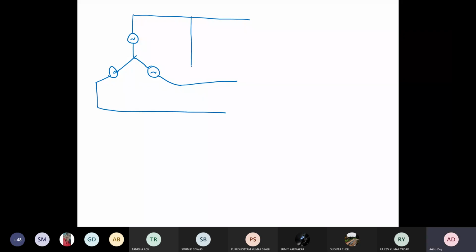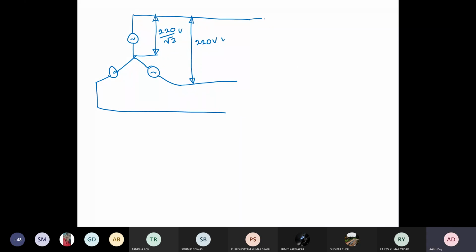So now you have a star connected source. This is 220, line to line is given, so line to phase, I mean line to neutral we should call it. These are known to us.